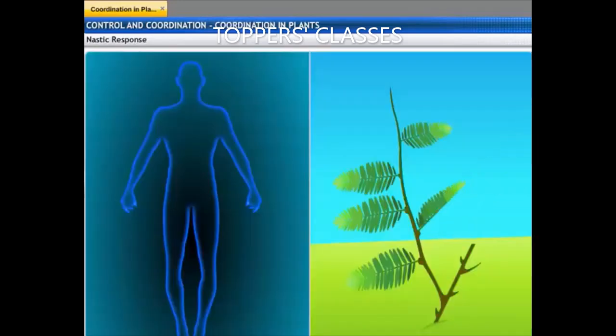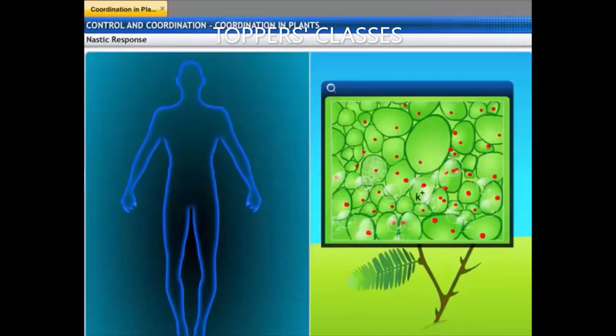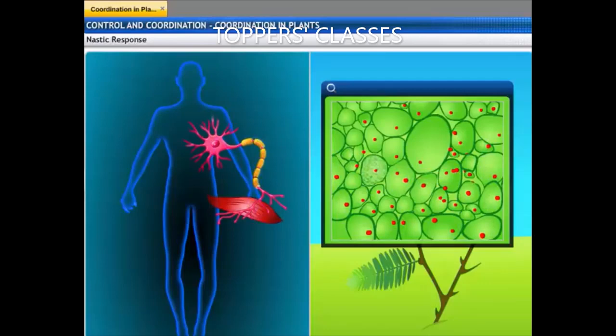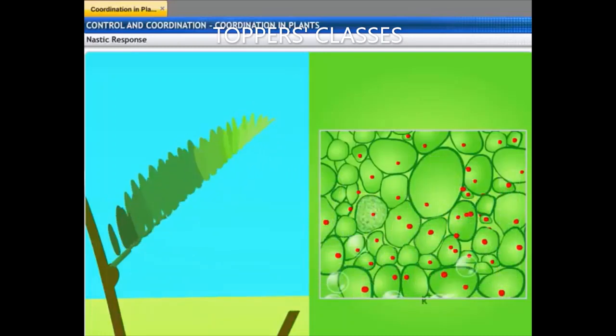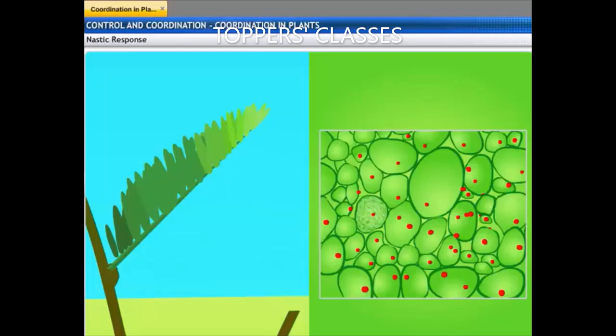Again, like animals, plant cells must change shape in order for movement to happen. Instead of the specialized proteins found in animal muscle cells, plant cells change shape by changing the amount of water in them, resulting in swelling or shrinking, and therefore in changing shapes.